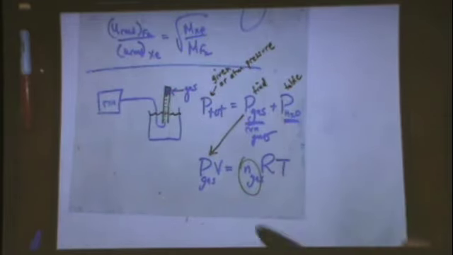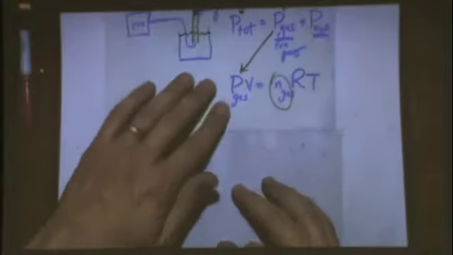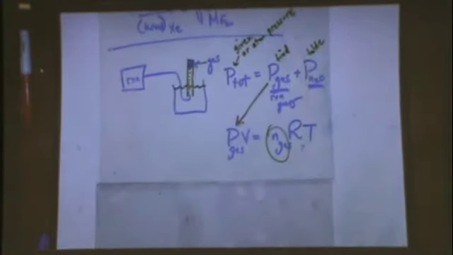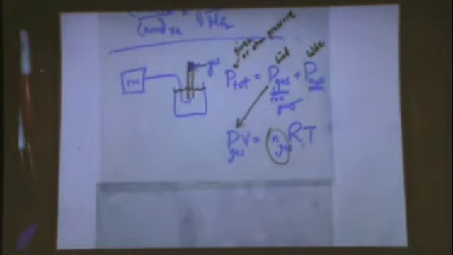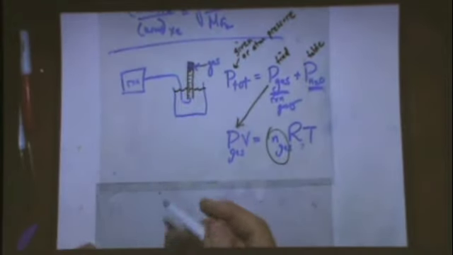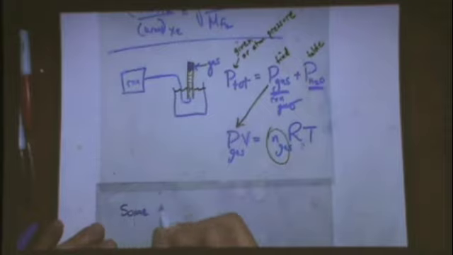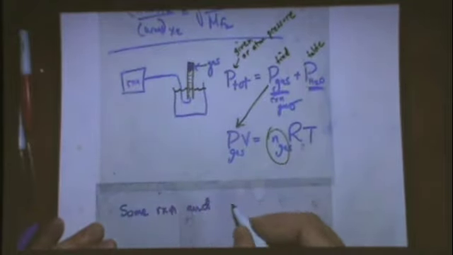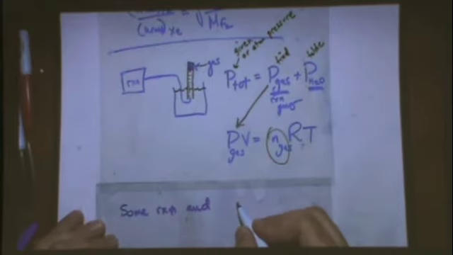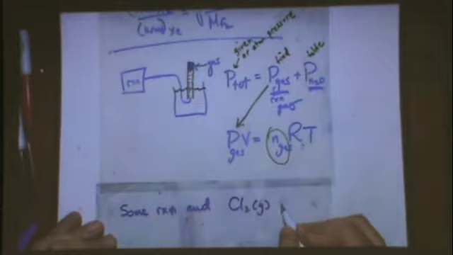So for a typical sort of question where you'd have to use these equations, do you want me to go through a sample? Yes. Okay. So let's say we had some reaction, and chlorine gas is produced.